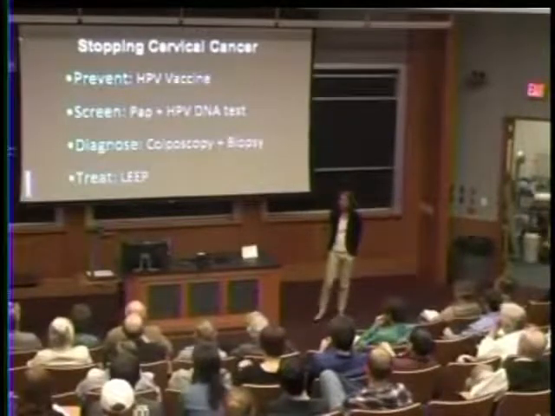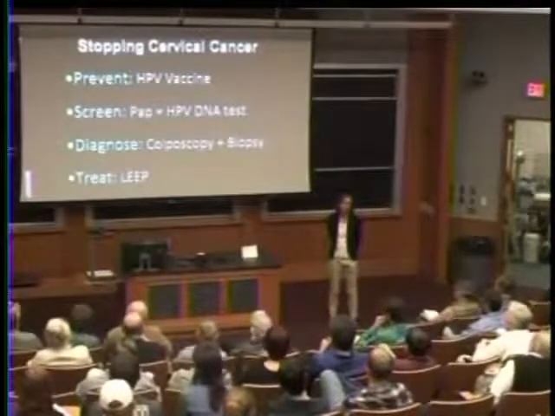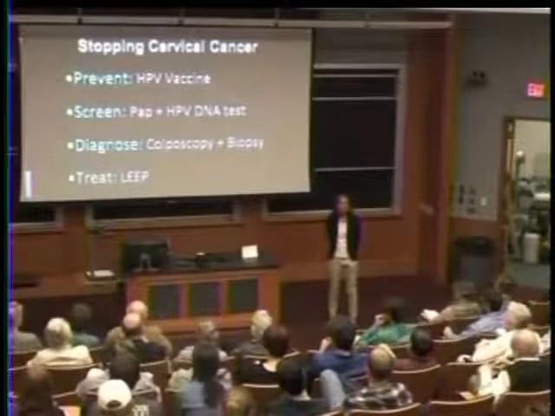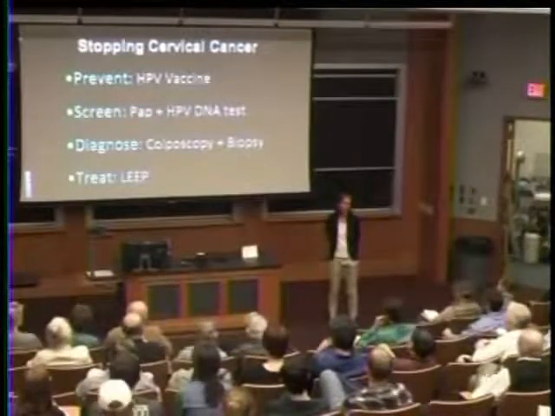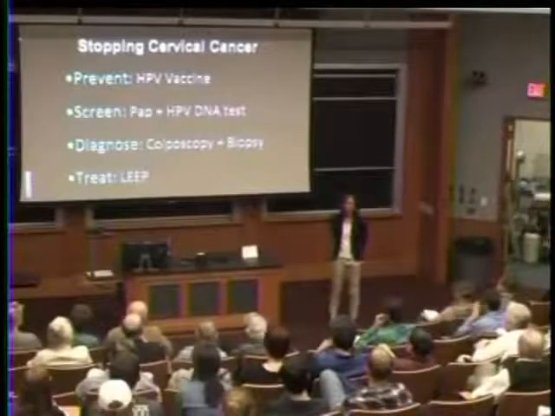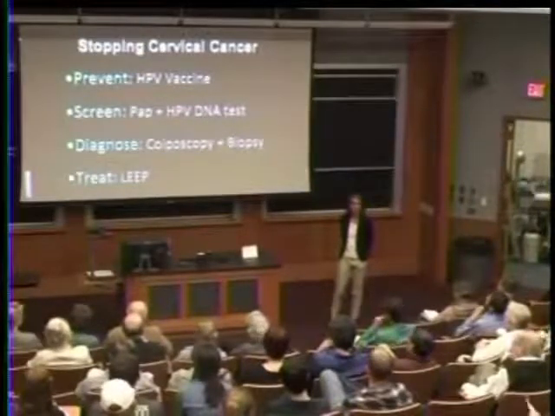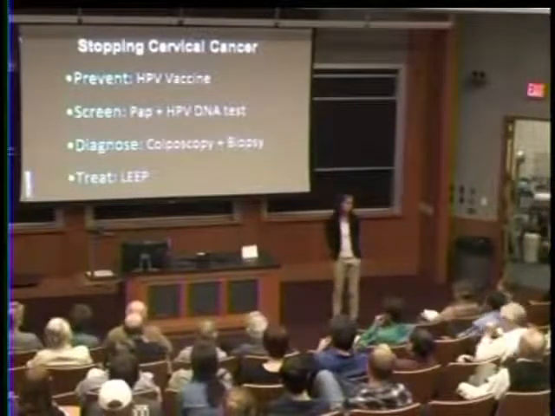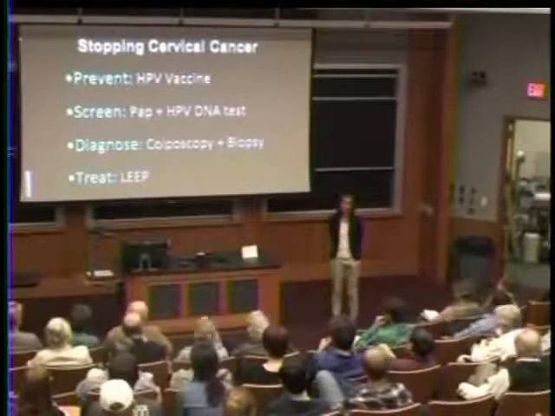When you think about preventing cervical cancer and global ambitions to do that, we actually have a lot of tools at our disposal. We have a vaccine to prevent infection with human papillomavirus, the cause of cervical cancer. We are able to screen asymptomatic women using either the pap smear or an HPV DNA test.